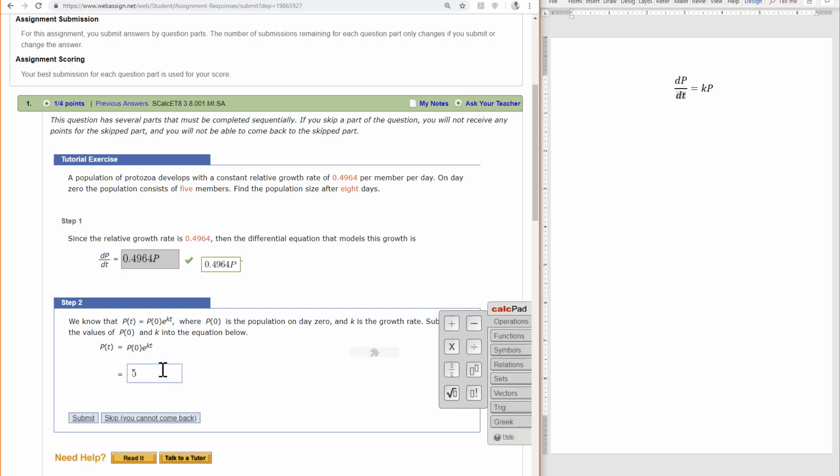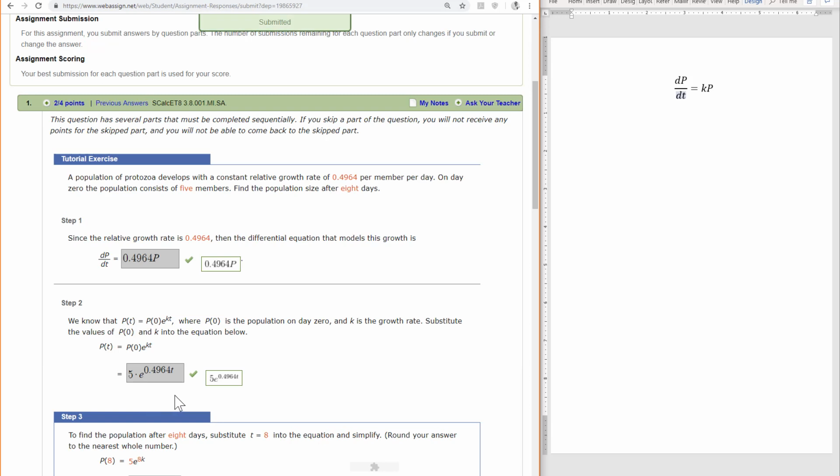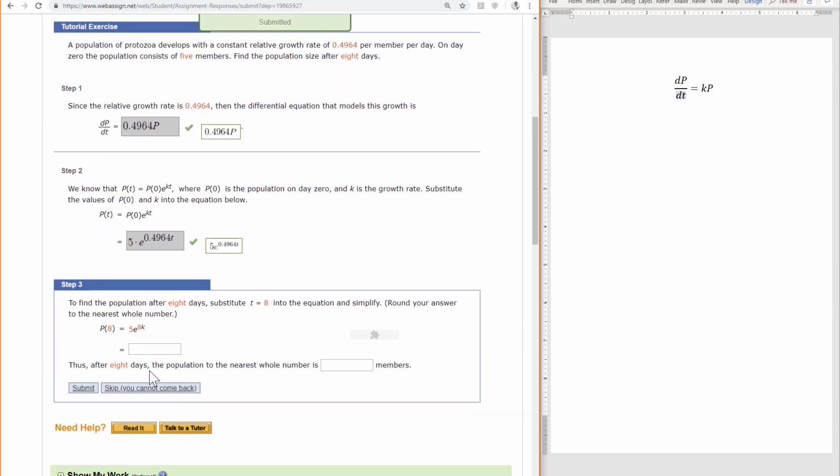So P sub 0 is 5, and then we're going to have e to the k, which is that number that we have, times t. And so that's going to be our function that's going to model the population.